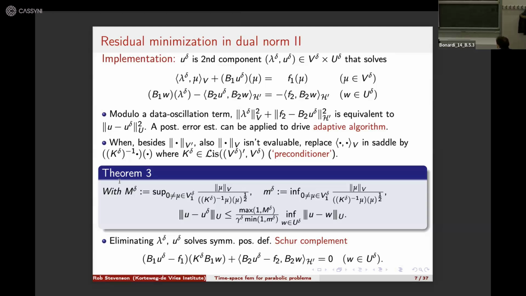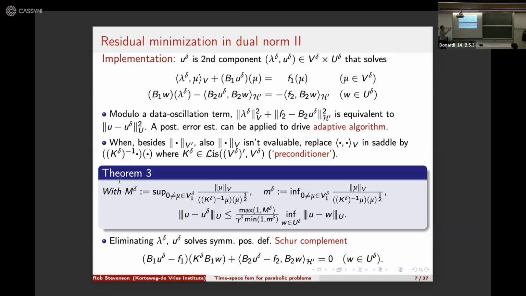Now, to be more precise, the inverse of this guy can be evaluated. And if you eliminate, you go to the Schur complement, then you get here the K itself. This is the preconditioner you can evaluate. So you replace this by an inner product defined by a preconditioner. Then you do the Schur complement, and you recognize maybe here the normal equations that you get with least squares approximations. You get the normal equations. That's it.